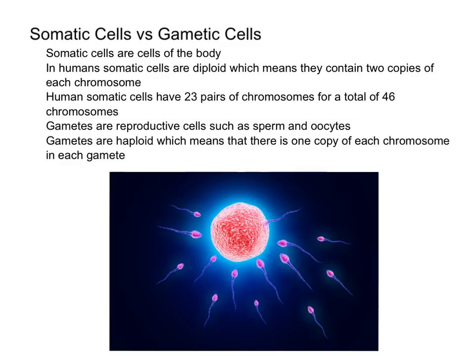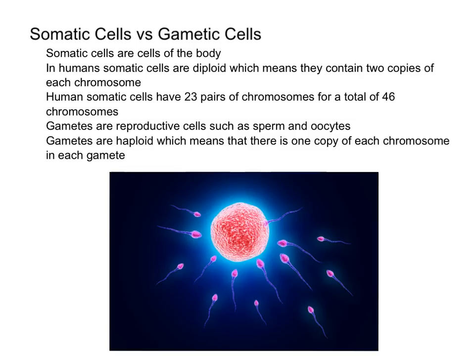And so human somatic cells have 23 pairs of chromosomes, so you have a total of 46 chromosomes. And the reason this occurs is because each parent has to contribute half of the chromosomes. So half of the chromosomes come from the mom and half comes from the dad. So 23 from the mom, 23 from the dad.